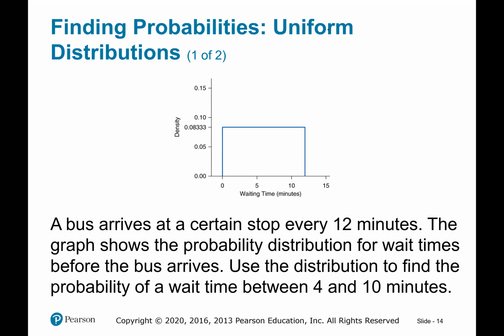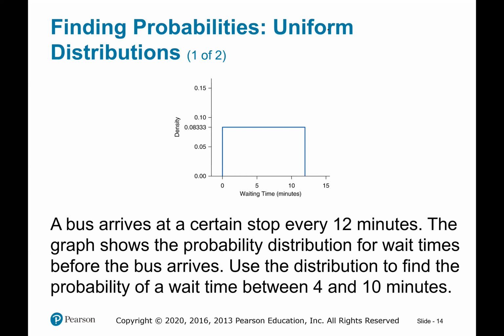Now let's talk about finding probability for the uniform distribution. This is the uniform distribution. It has exactly one shape, like a rectangle, something like this. A bus arrives at a certain stop every 12 minutes. The graph shows the probability distribution for wait time before the bus arrives.